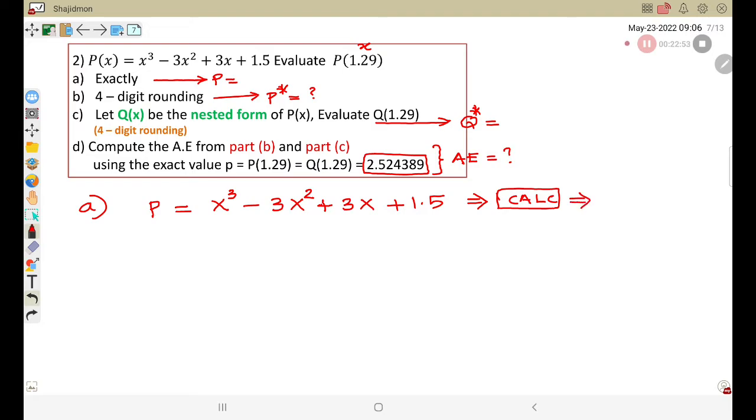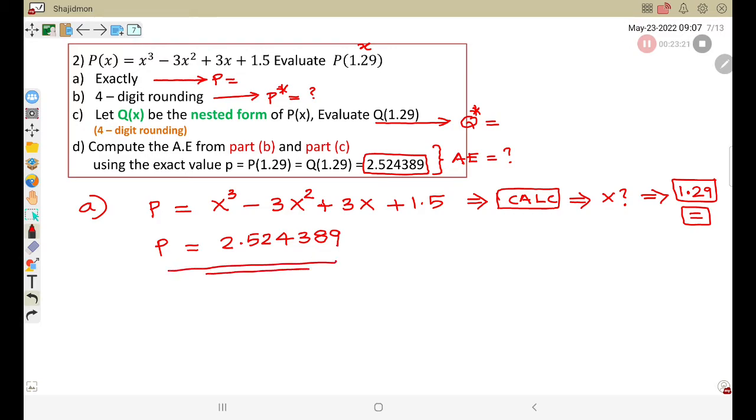The calculator will ask what your x number is. So just apply your x number. The x number is 1.29. After that, press equal, so that you get the exact value. P equals 2.524389. Exact value equals 2.524389. I hope it is clear to you.